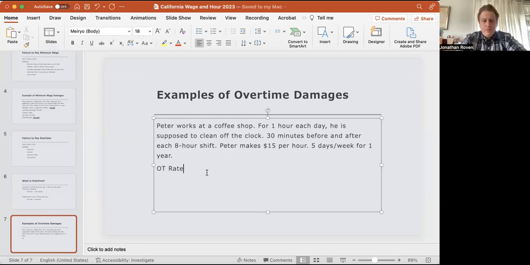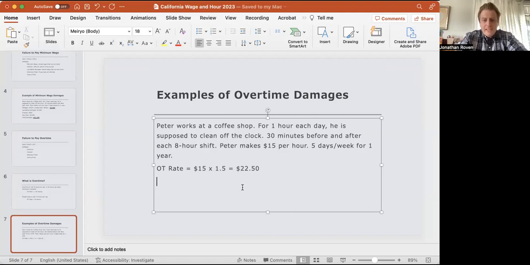First you want to know your overtime rate. That is going to be 15 times 1.5, which I believe is $22.50.